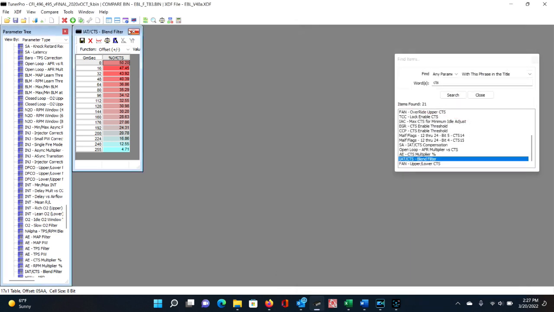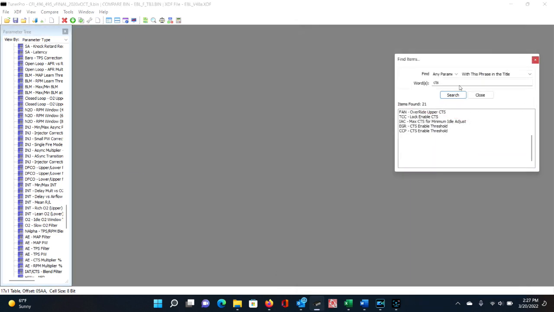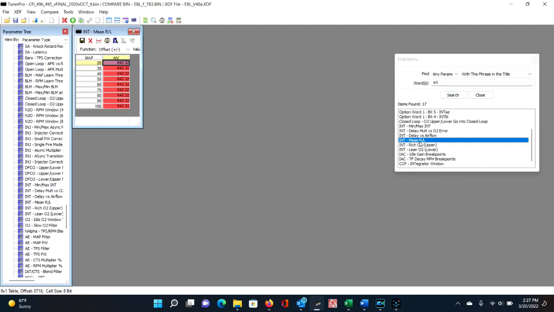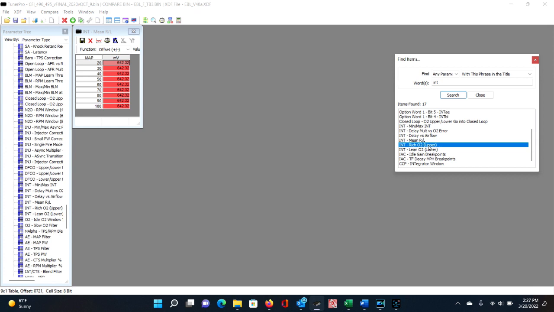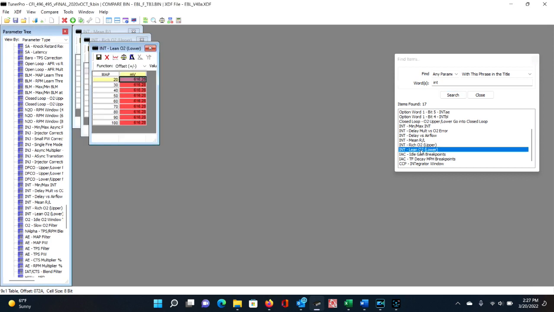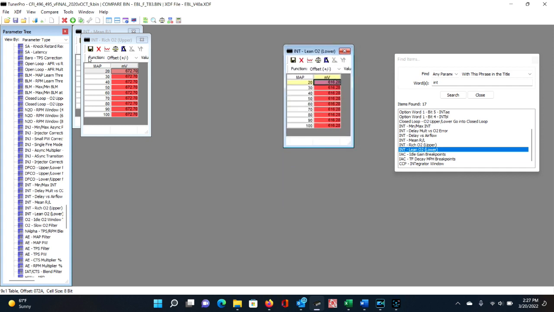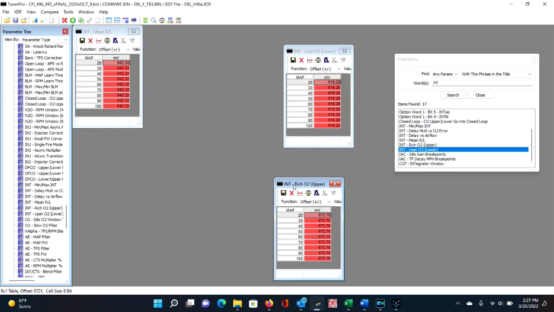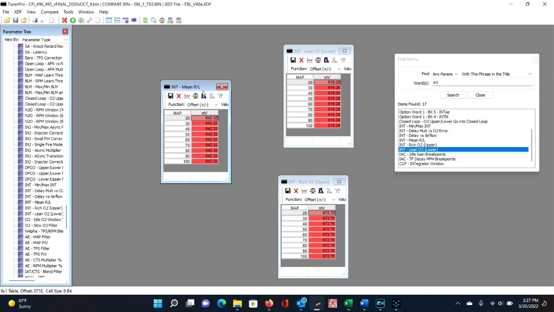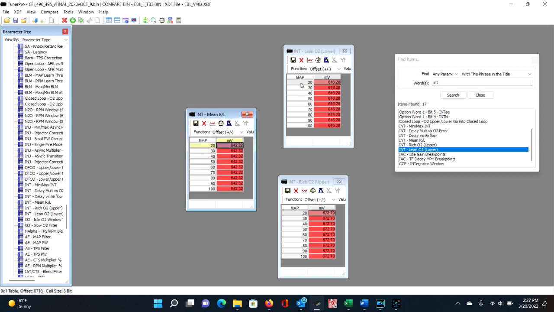All right, so the last thing I'm going to cover is integrator. So the integrator essentially is, okay, we'll grab this one. We'll go right here for rich O2 upper and lean O2 lower. So I'm going to put this down here, and this is going to be kind of an interesting way to show things, because usually the larger numbers are on the top.